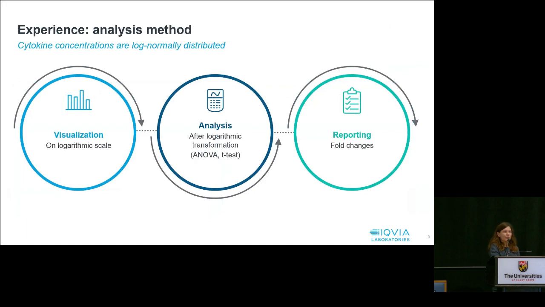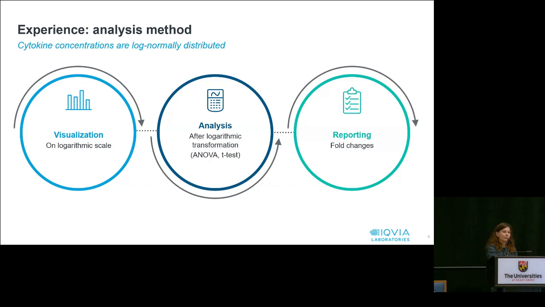Before I go deeper into the details of the analysis method, because it's important for later, I just wanted to first go to the basics. So cytokine concentrations are log normally distributed, meaning that they are not normally distributed on their natural scale, but they approach a normal distribution after logarithmic transformation. It means that it makes most sense to visualize concentration on a logarithmic scale.